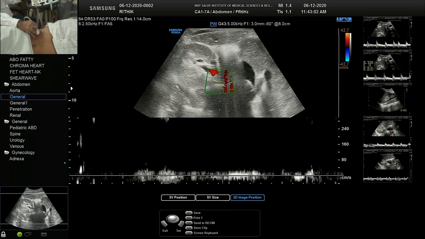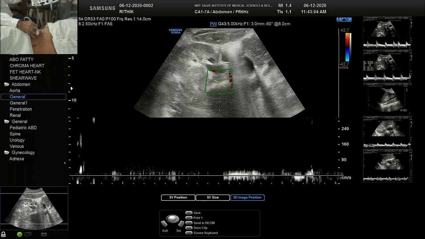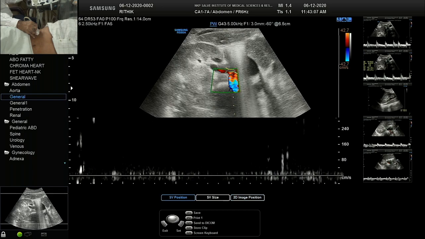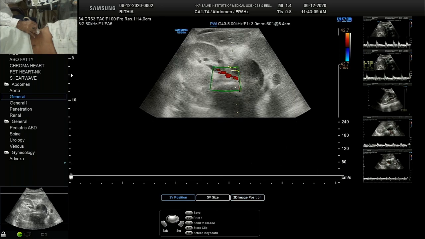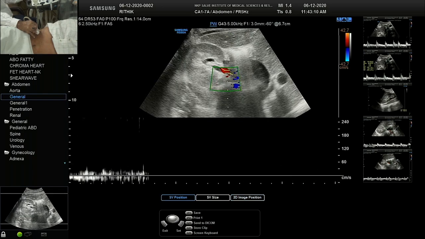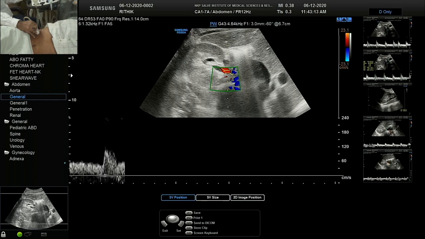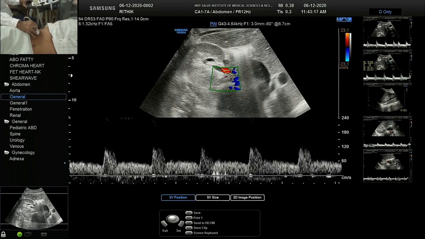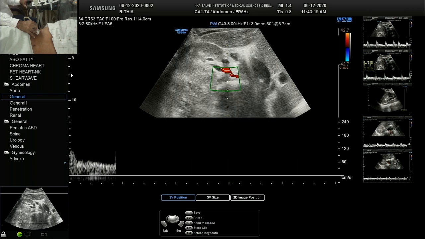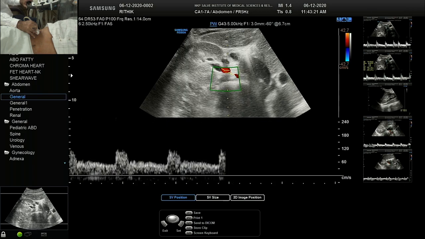At times this can become a messy thing, but you can try this. See this. This is triplex Doppler.